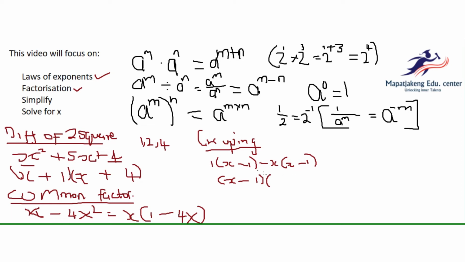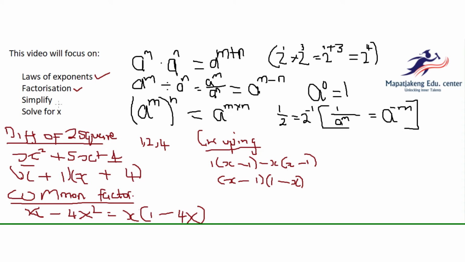Here there's an invisible 1, so it's going to be 1, and then the coefficient of this bracket is minus x, so it's going to be minus x. Meaning if you do FOIL or simplify, you're going to get the very same thing. This is just grouping. You just inspect, and from there write the final answer.